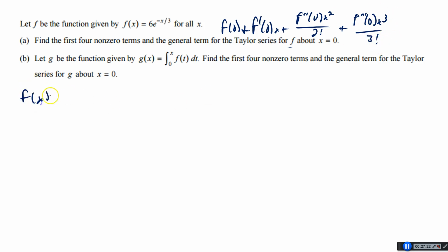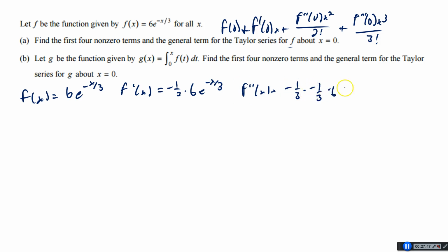So f of x is 6e to the negative x over 3. So that means f prime of x is going to be negative 1/3 times 6e to the negative x over 3 because of chain rule, right? You leave the e to the x alone, multiply by the derivative of the exponent. And then f double prime of x is going to be negative 1/3 times negative 1/3 again times 6e to the negative x over 3.